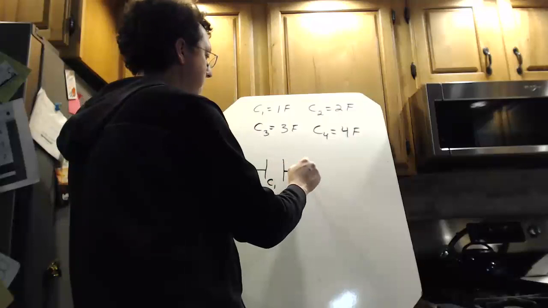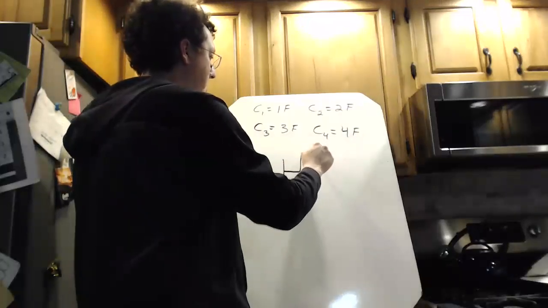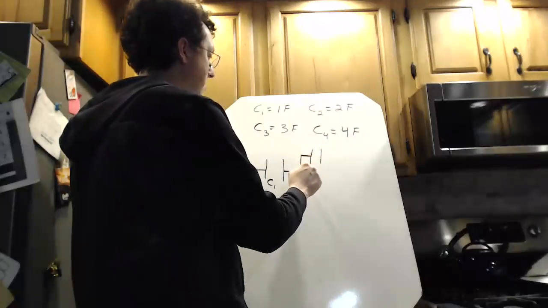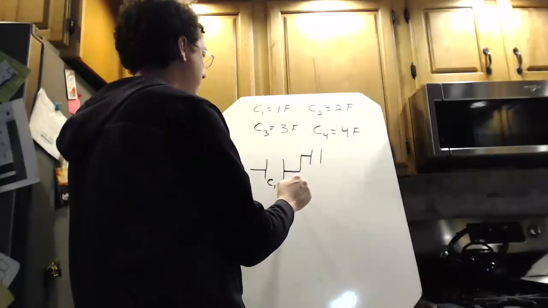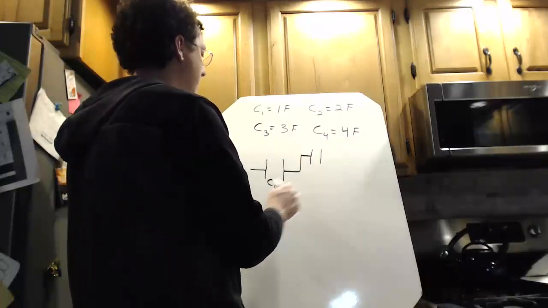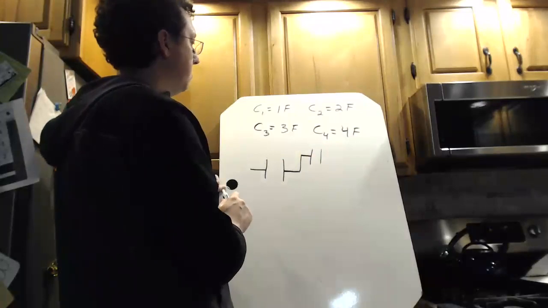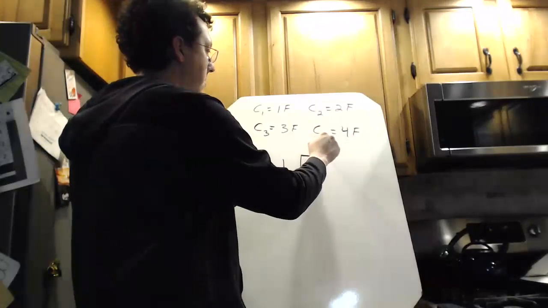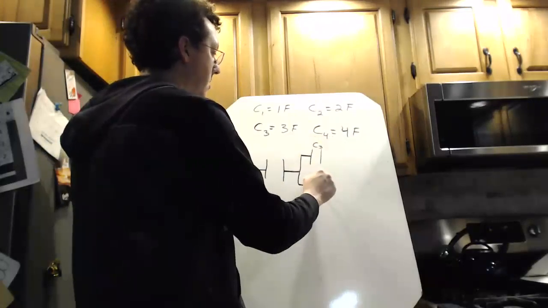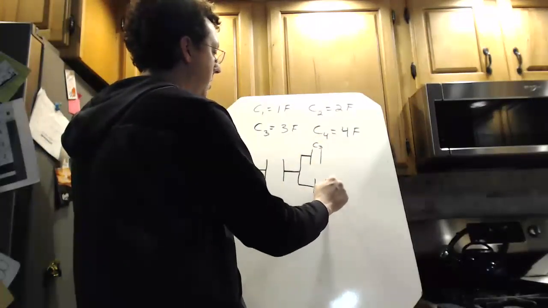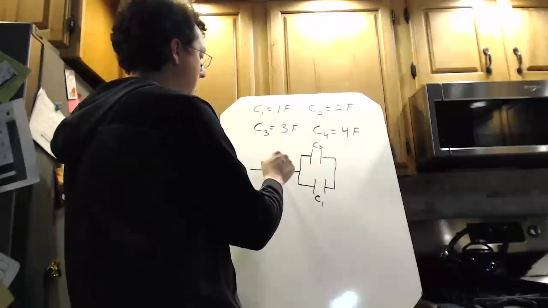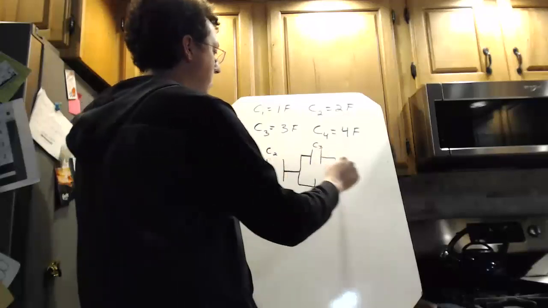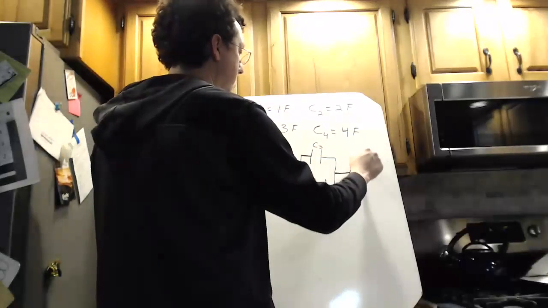And then we're going to have capacitors. You know what, just to make the arithmetic a little bit simpler, why don't I put C3 here and C1 here, and then here we'll put C2, and over here we'll put C4.